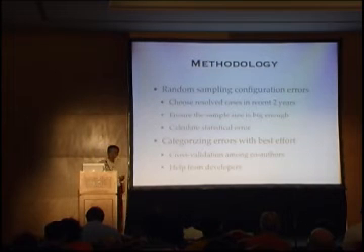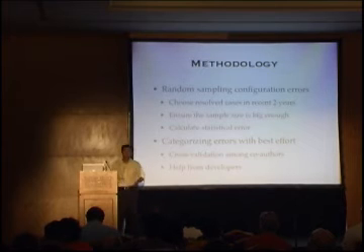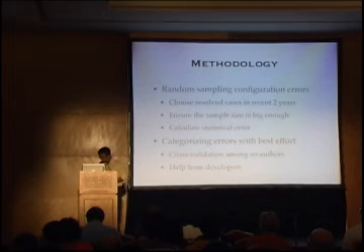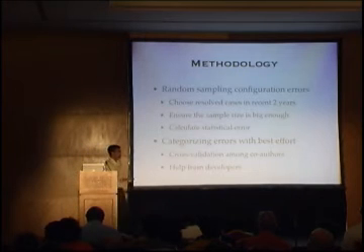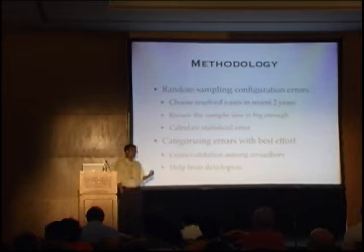So what we did is this. We randomly sampled configuration errors from different sources. And we only chose resolved cases in the recent 2 years to make the result more relevant. We also ensured our sample size is big enough so our result is actually meaningful.